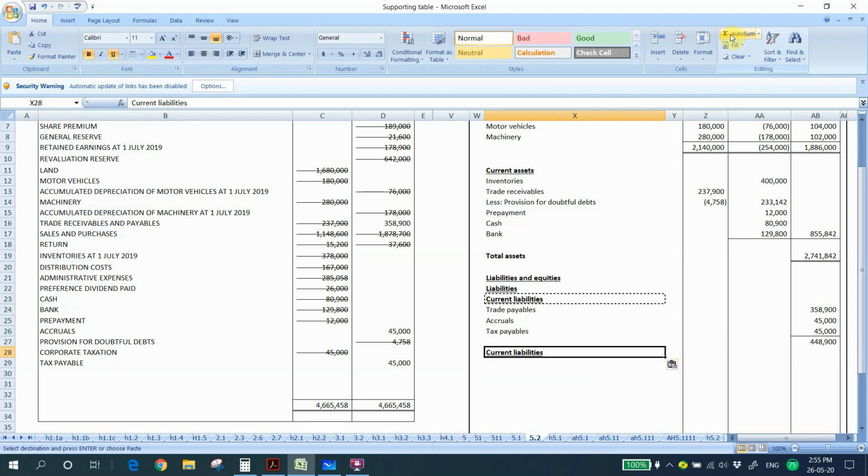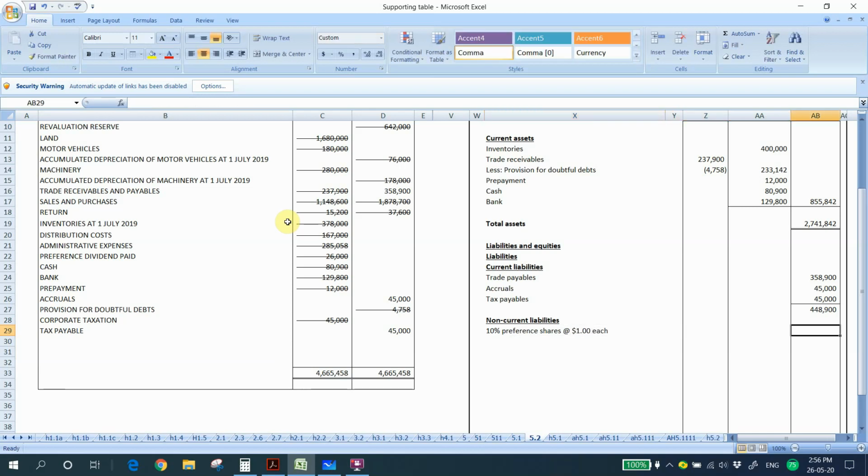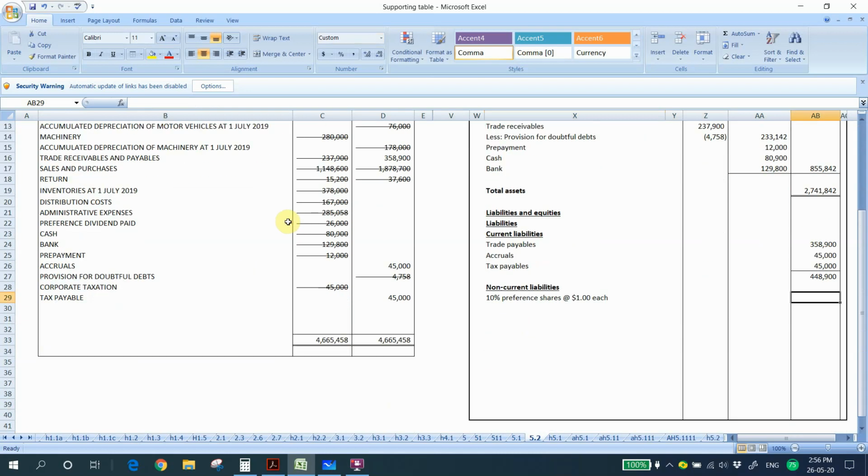After that, non-current liability, we have 10% preference share, the value is 260.